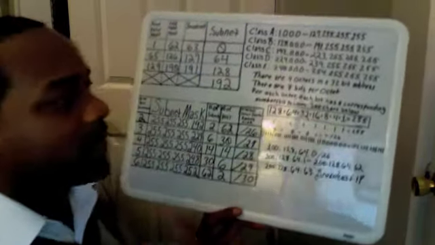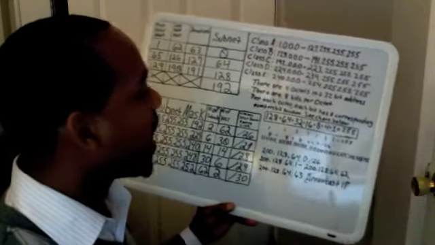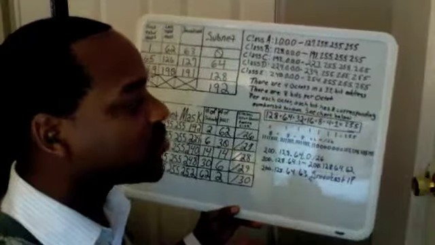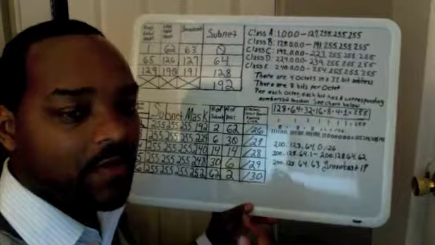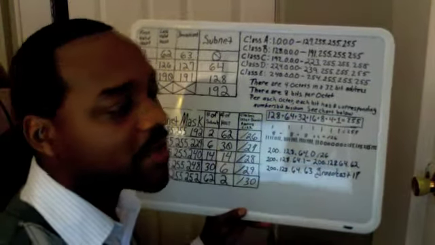Now, when a customer or an interviewer asks you, how many hosts are in a /26? If you memorize this chart, you will simply tell them, well, there's 62 hosts per subnet, and there's 2 subnets.